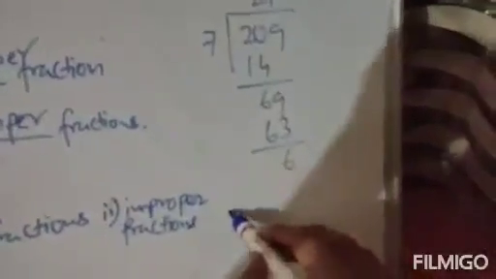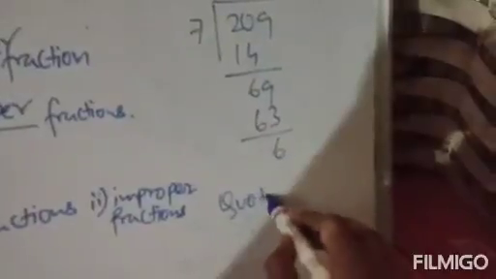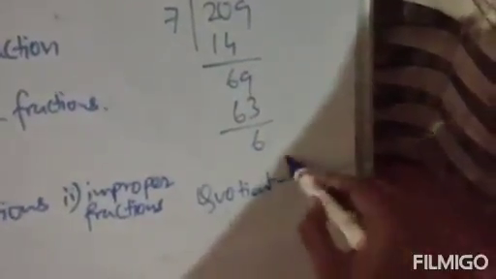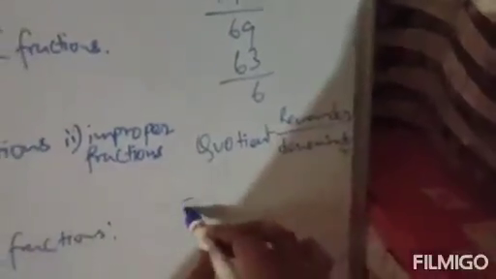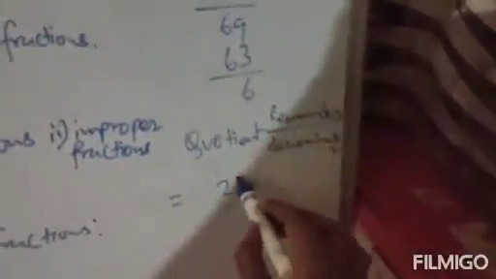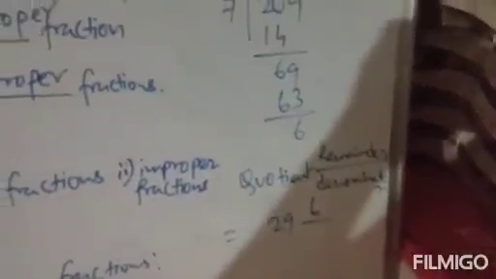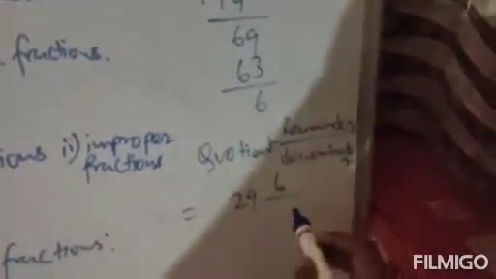So the rule is quotient, remainder divided by denominator. So the quotient is 29, the remainder is 6, and the denominator is 7.